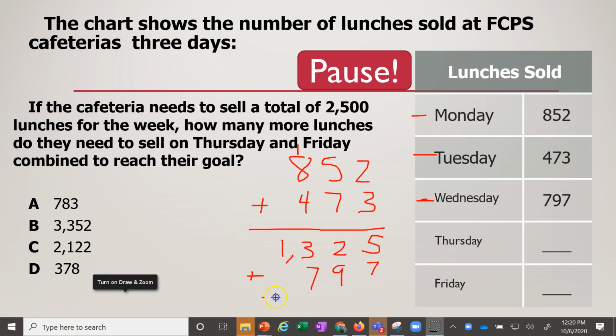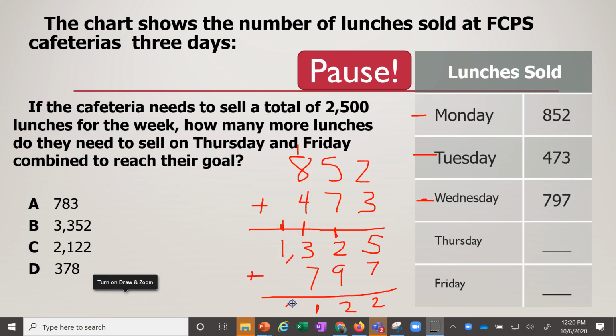And if your work looks like this, 7 plus 5 is 12. I add a 1 up top here. 1 plus 2 is 3, plus 9 is also 12. And 1 plus 3 is 4, plus 7 is 11. Add a 1 up top here.